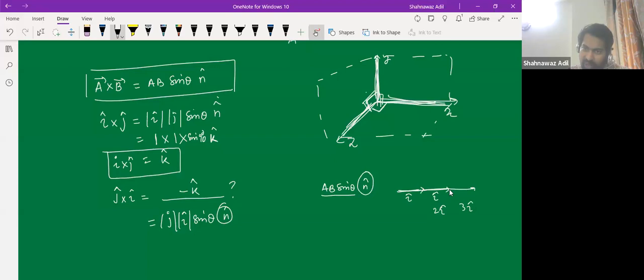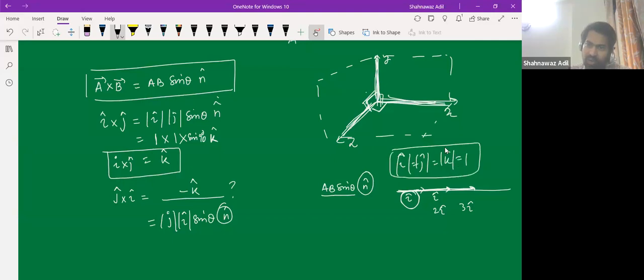But if you move the smallest amount, that is I hat, 1 unit in the X direction. So the magnitude is 1. I, J, and K all have magnitude 1 because they are unit vectors, and unit vectors have magnitude 1, right? That was the definition of unit vectors.